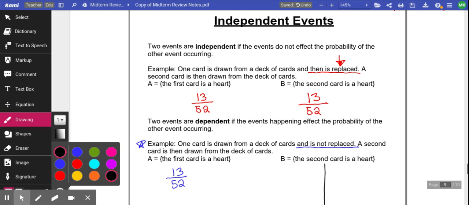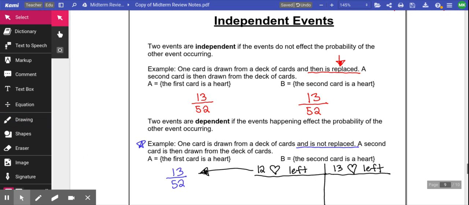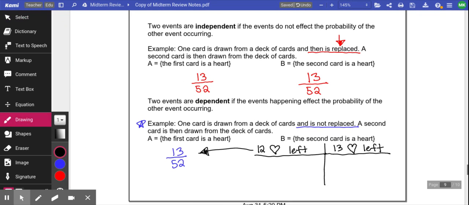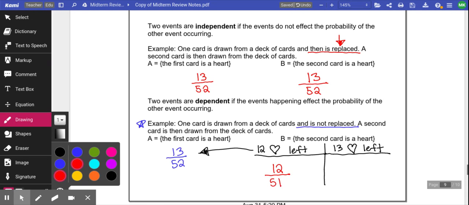Situation 1 is, you took a heart out, so now there's only 12 hearts left. Situation 2 is that you missed and you didn't get a heart. Therefore, there are still 13 hearts left in the deck. Because I never replaced whatever I took out the first time, I now have two different situations. There are 12 hearts left, meaning 12 out of 51 remaining cards, because there's one less card now. Or there are 13 hearts left out of 51 total cards.